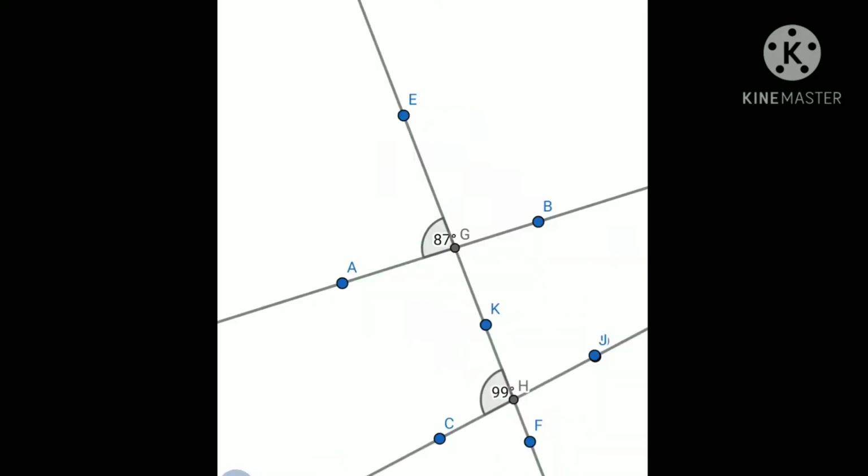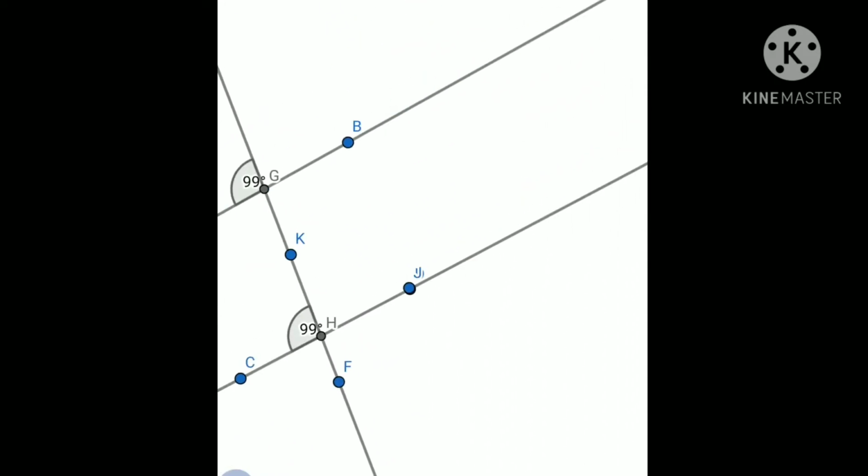Okay, let's continue. Here the corresponding angles are not equal. Now the lines are not parallel, they are meeting each other. Now I am making the angle the same, 99. See what happened to the lines. The lines are now parallel.